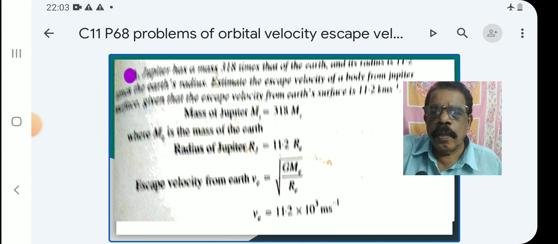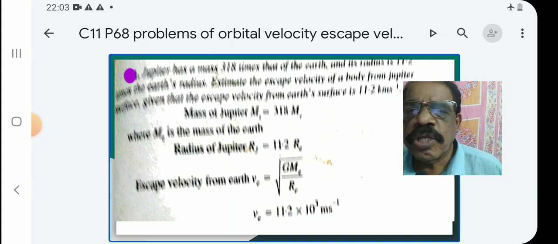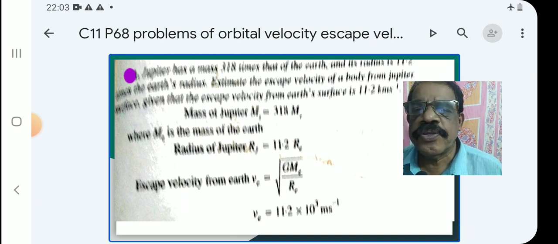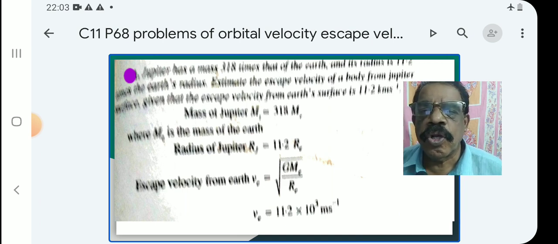Estimate the escape velocity of a body from Jupiter's surface, given that the escape velocity from Earth is 11.2 kilometers second raised to minus 1.